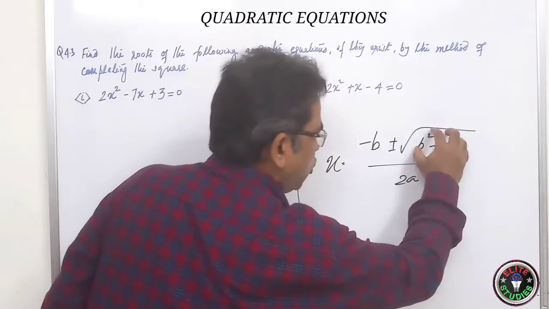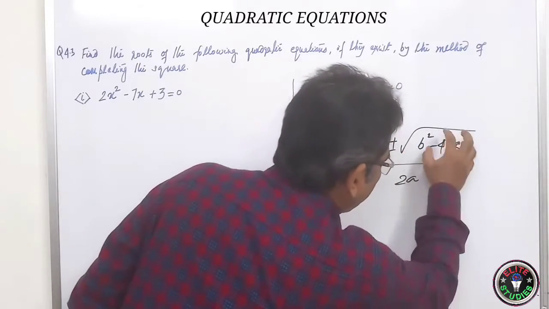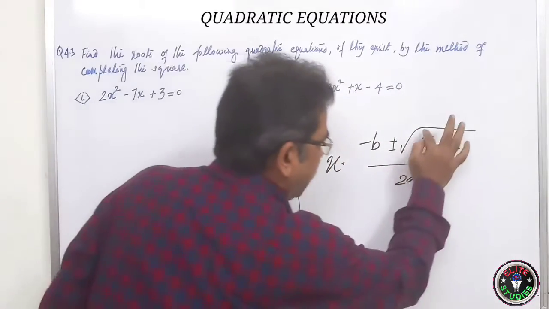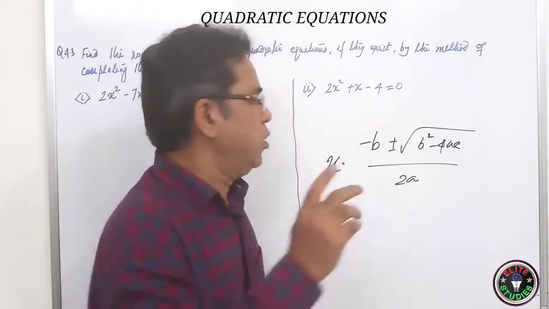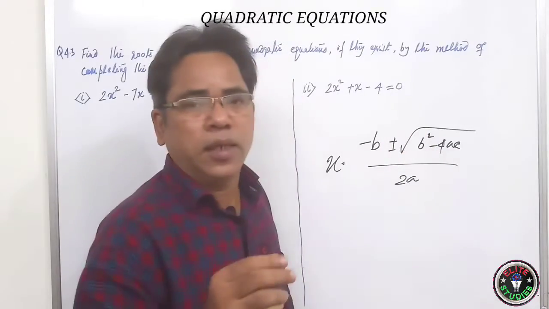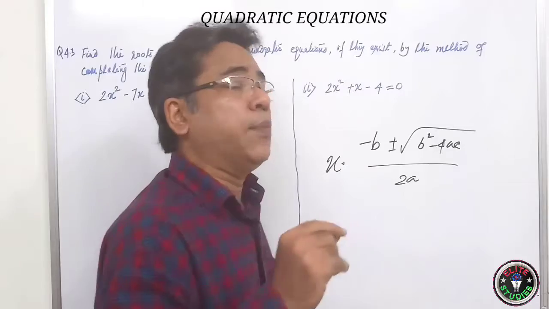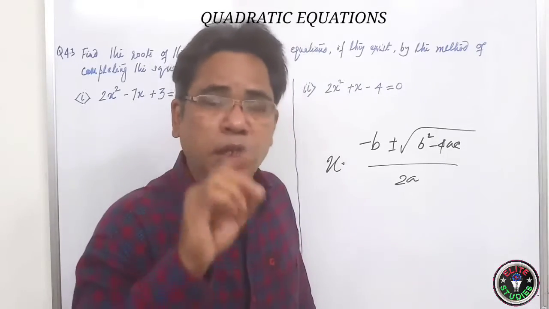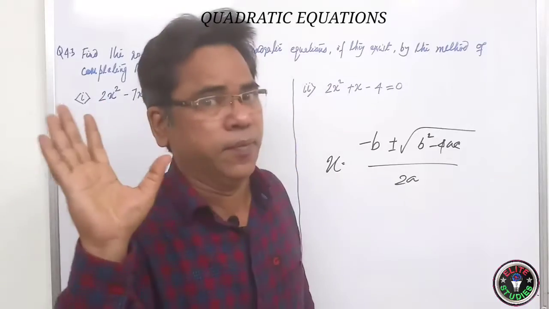There is no issue with b square minus 4ac. The issue is with the square root of b square minus 4ac. Suppose this number comes out to be 4, then root over 4 is 2. If it comes out to be 9, it will be 3. If it comes out to be, suppose, 2, root 2 is 1.414. Though it is not a whole number, you will get it.